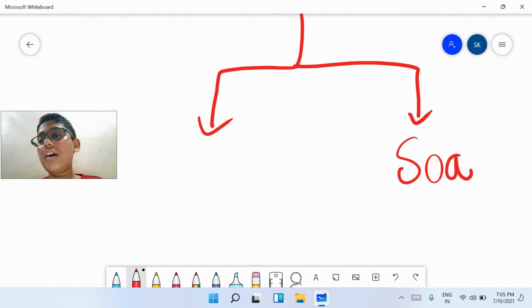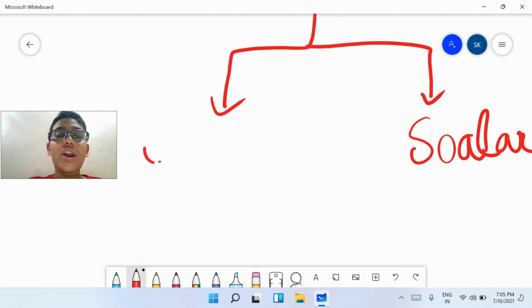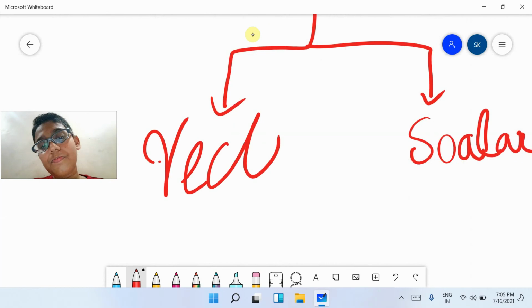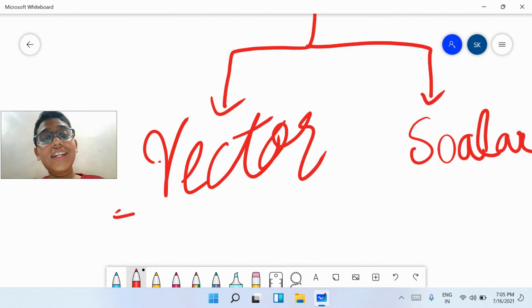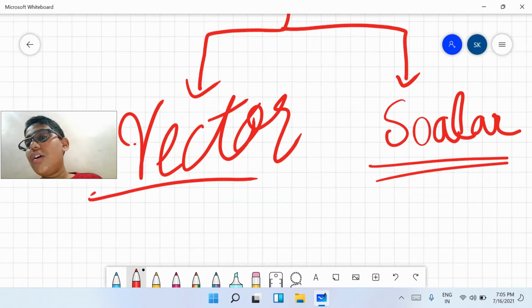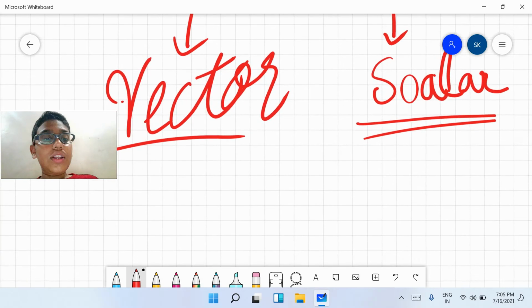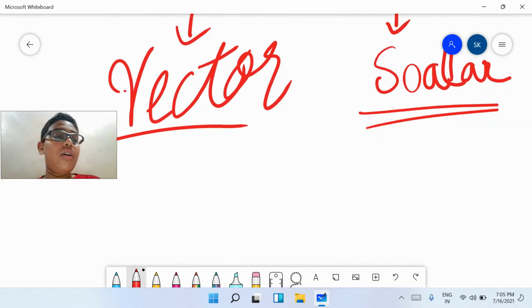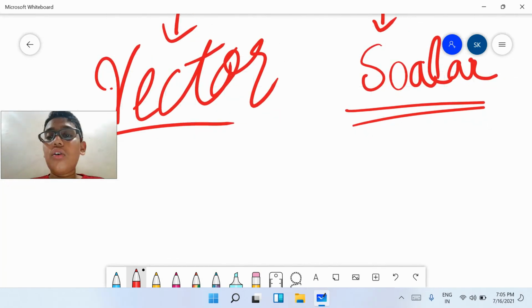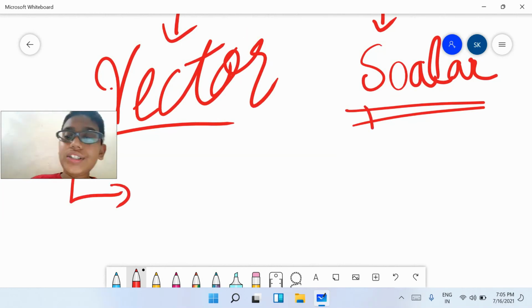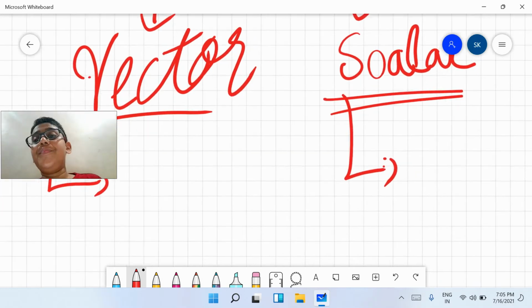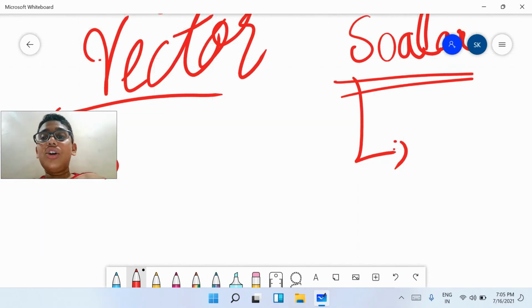One is scalars and one is vectors. These are the two major ones. So here we are going to know what vectors are first. Let's write some points here. Basically, first let's see what scalars are, and adding something to scalars gives us vectors.